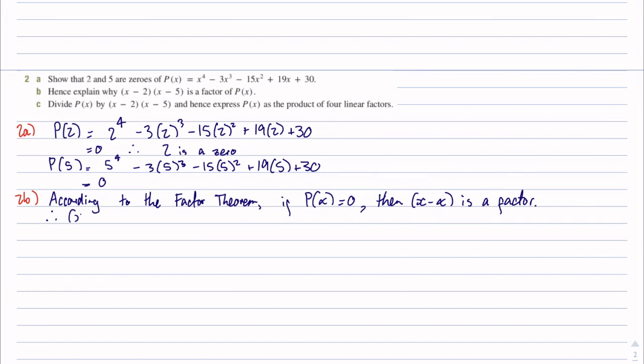Therefore, x take 2 and x take 5 are both factors. So if they're both factors, then their product must be a factor. x take 2 times x take 5 is a factor.